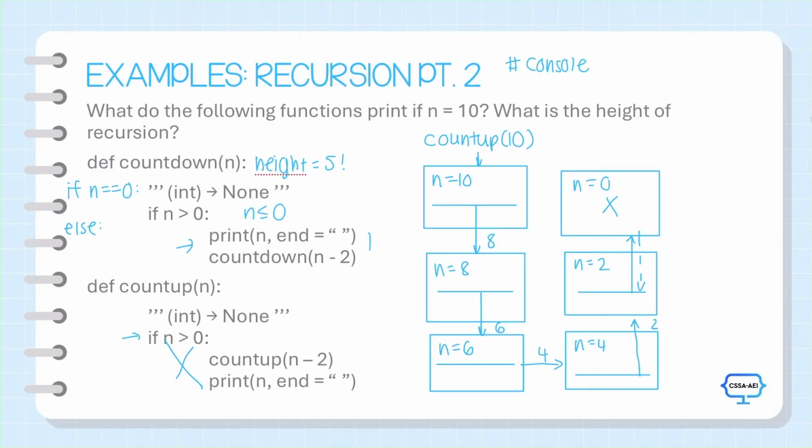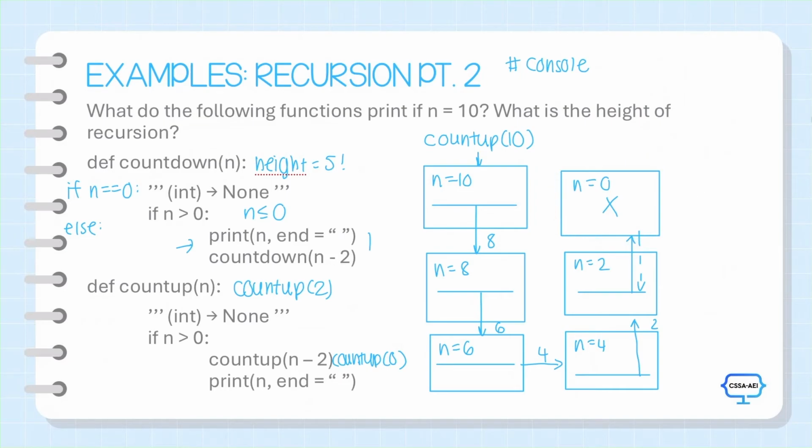And remember, each function is still on this line, waiting for it to end so that it can print, so then it can do this line. For example, when we called count up 2, it got to here when we called count up 0, and it waited for this one to finish.